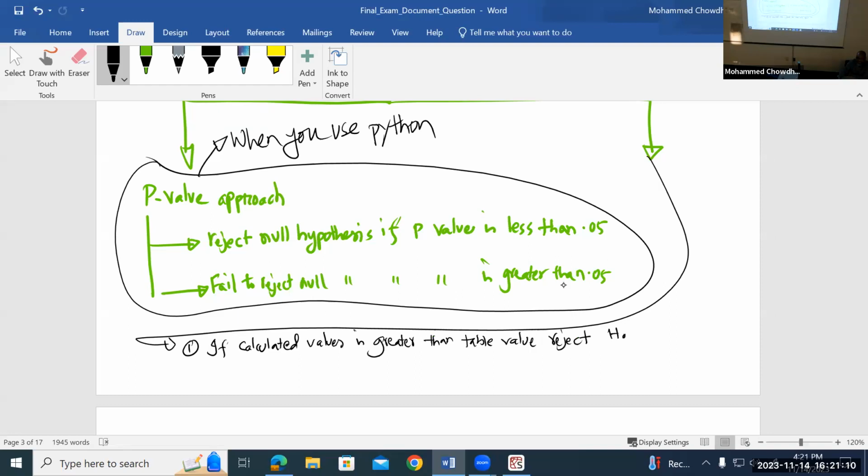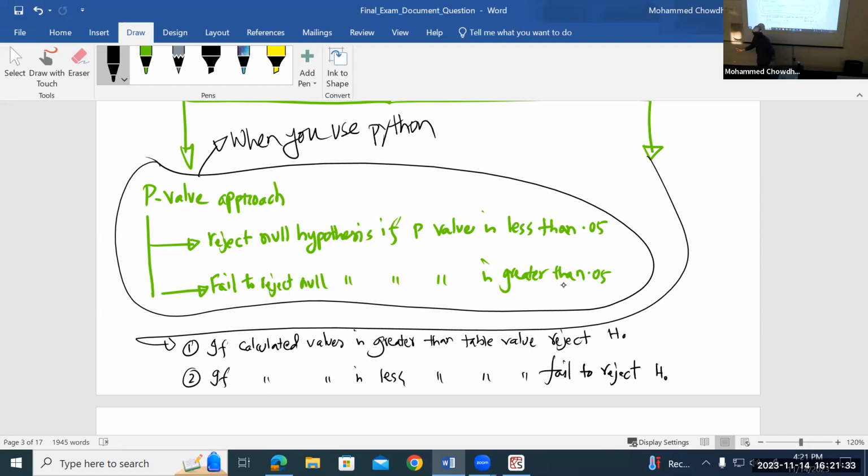H0 is the notation of the null hypothesis. Number two, if the calculated value is less than the table value, fail to reject H0. Clear, right?